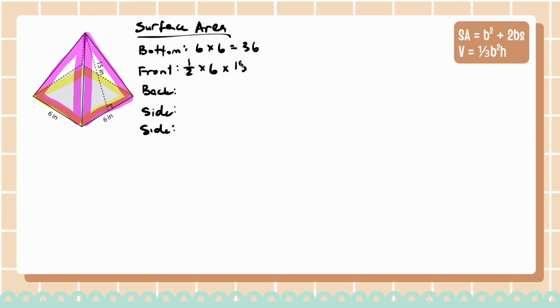So that slanted part is the height of the triangle. Multiplying all of this together is going to get me 45. If the front is 45, that means all of these other sides are going to be 45 as well. Let's add up everything, and we get a total of 216 inches squared, and that's the surface area.